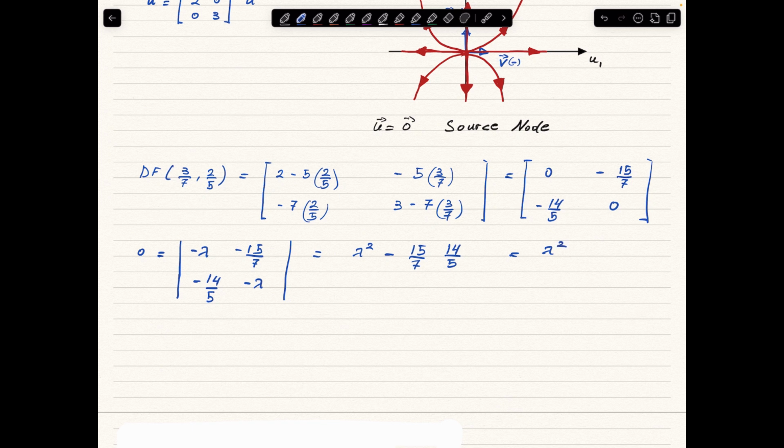We have a 3 out there and a 2, so 6. So the characteristic equation is simply lambda squared minus 6 equals 0.